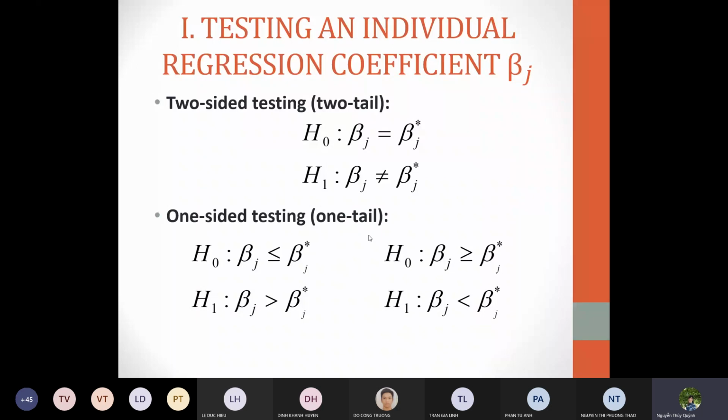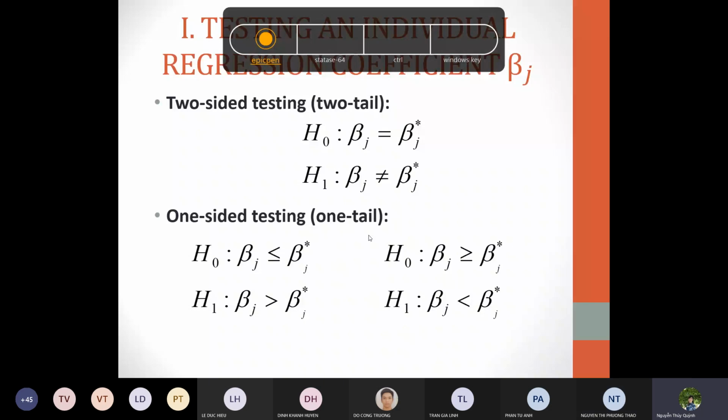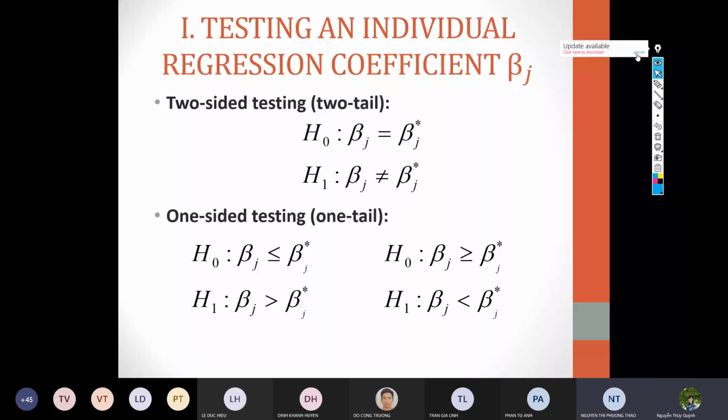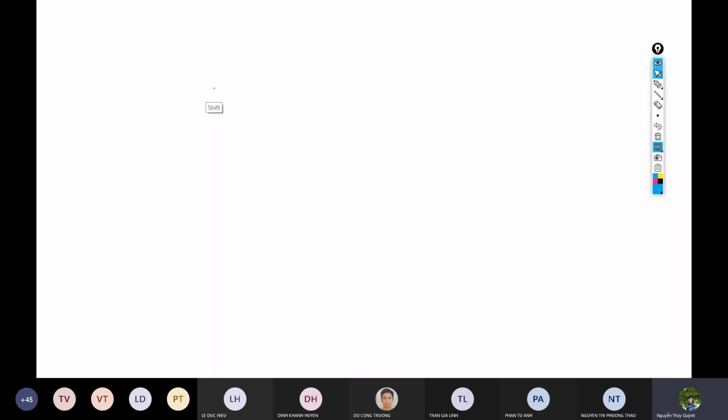Now, what is an individual regression coefficient? So this may be our dependent variable y, for example. These are the information contained in y.